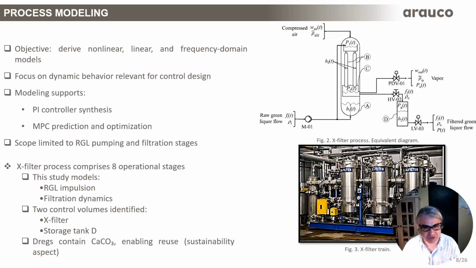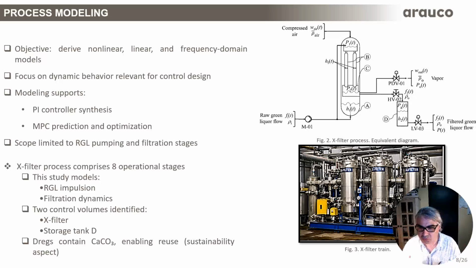The X-filter process consists of multiple operation stages, but this time, only the pumping and filtration stages are modeled. These stages dominate the hydraulic and pneumatic dynamics relevant to control. Two control volumes are defined: the X-filter itself and the downstream storage tank, as we talked about before.